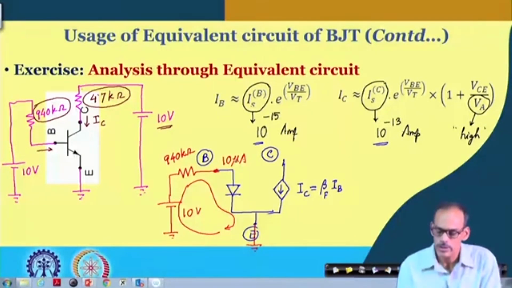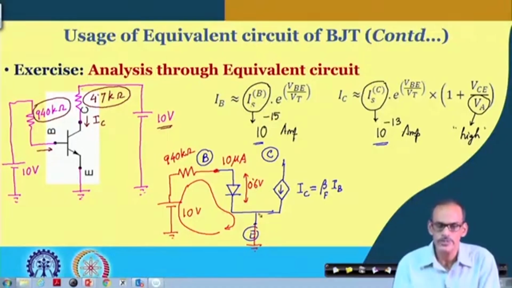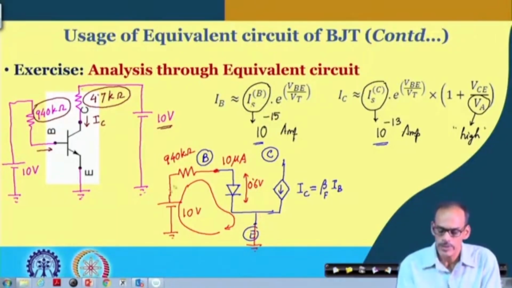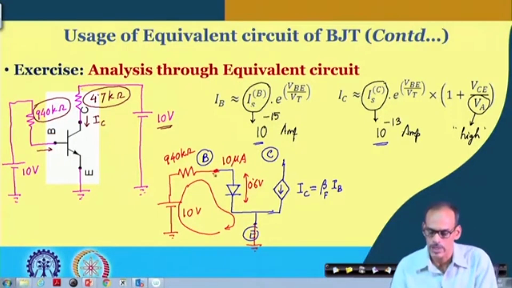So, how will you proceed? Either you can go through iteration, and you will find that this voltage converges to close to 0.6 volt. You can assume that the cut-in voltage is 0.6 volt. With that you can calculate that this current is becoming consistent. That is how I have picked up these numbers. So, that gives the corresponding collector current.